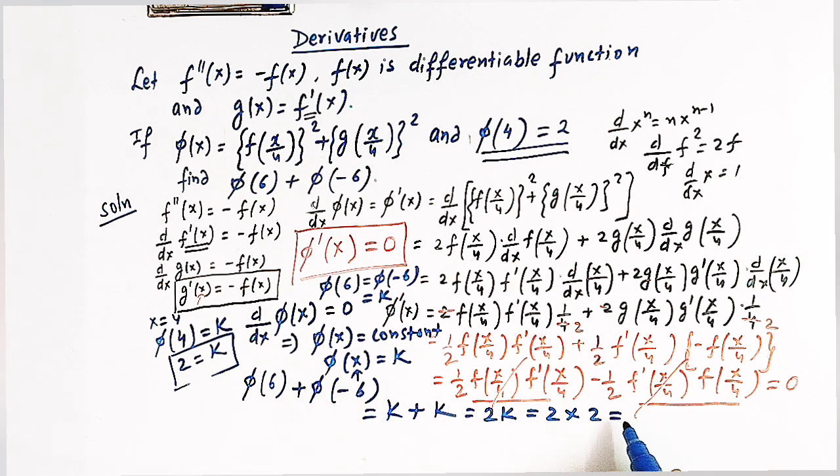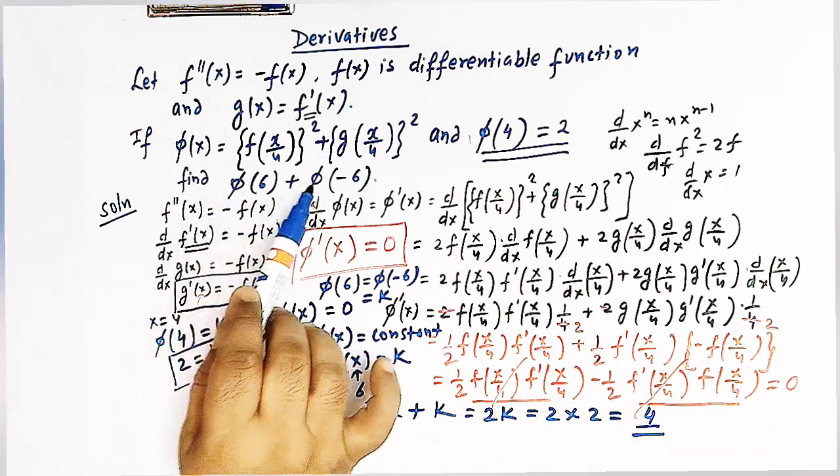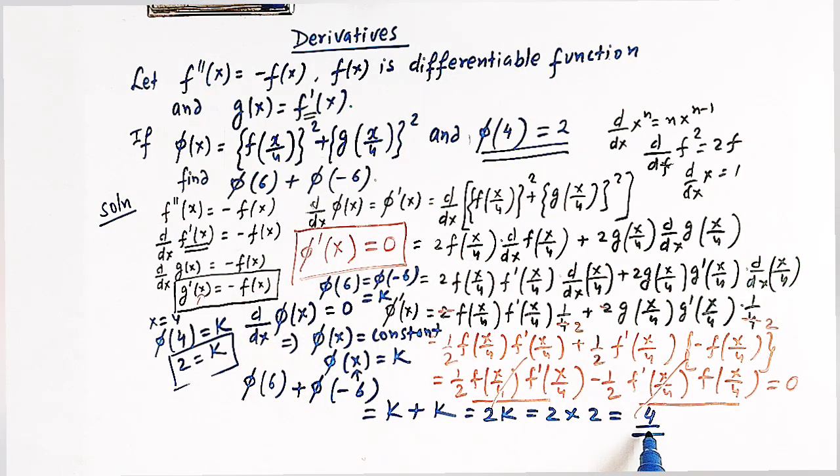So here we have 2 times 2, that is equal to 4, right? So viewers, the value of phi(6) plus phi(-6) is equal to 4. So this is how we can use the simple concepts to solve these kind of problems.